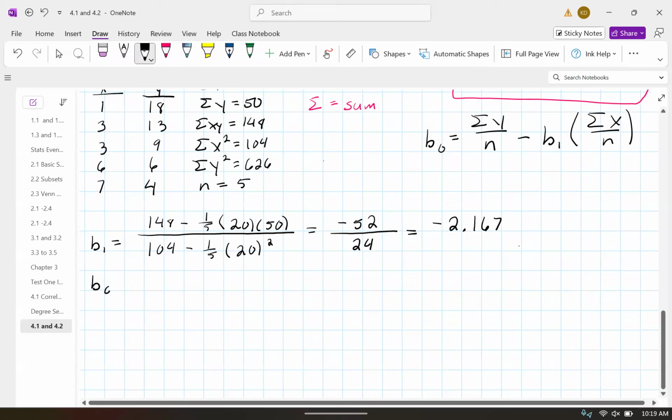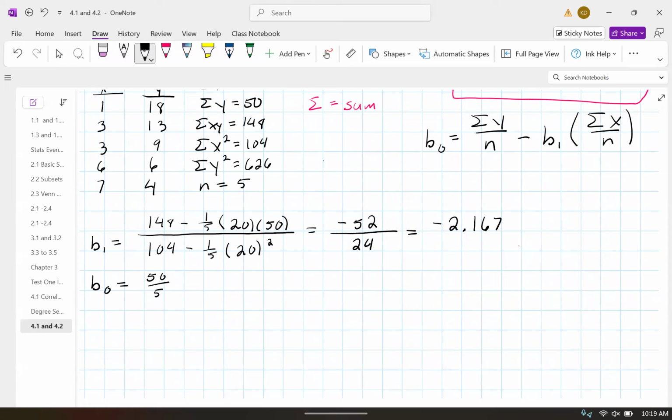Once we have that, we can find our B0. So our B sub 0 equals the sum of y over n minus our B1 times my sum of x, which was 20, over 5. This is a tricky piece right here. Be cautious: this sign is a negative.